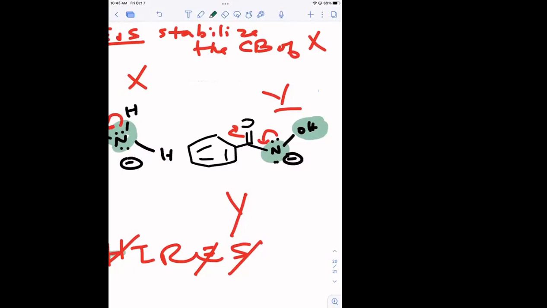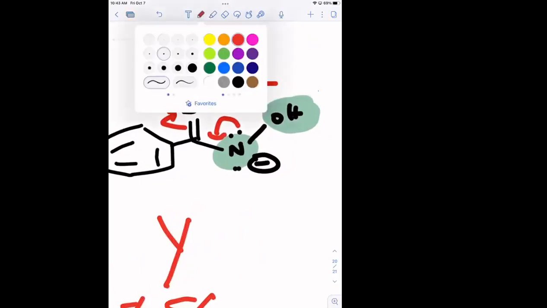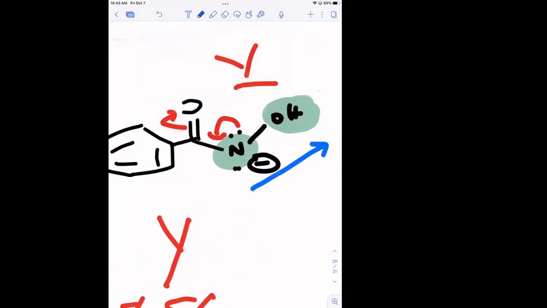It's right underneath fluorine, the second most electronegative atom on the periodic table. So this oxygen can do induction. It's like a vacuum cleaner, pulling some of that electron density from around nitrogen.